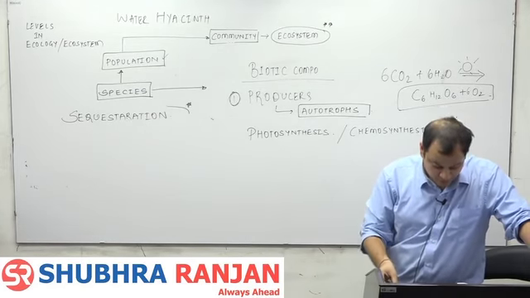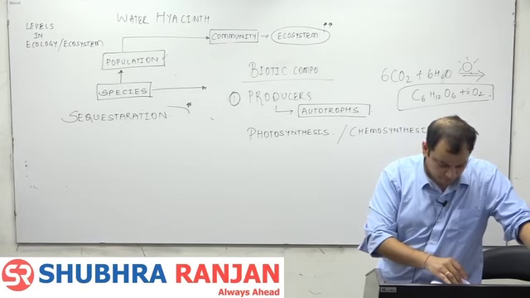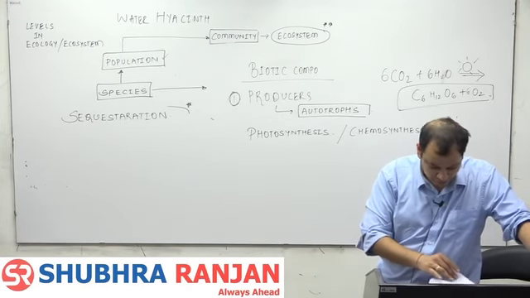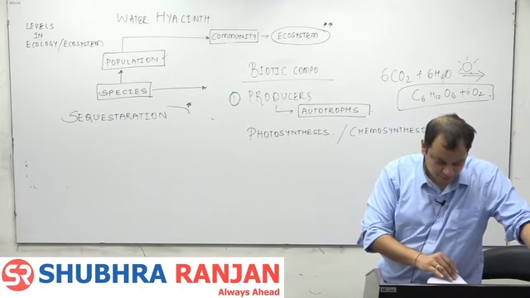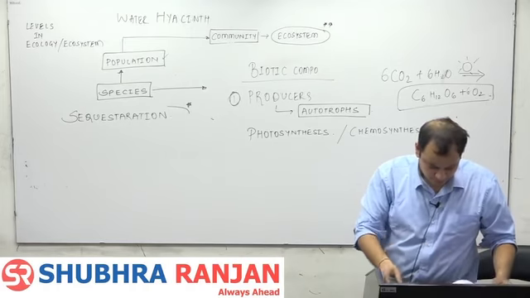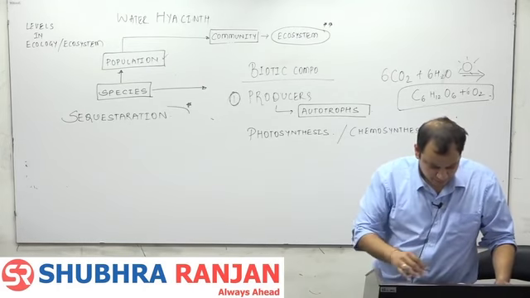Photosynthesis can occur only up to the depth of 200 meters in the aquatic ecosystem.